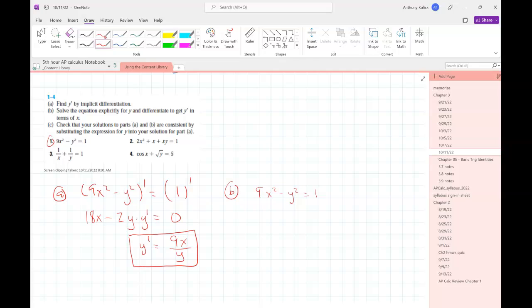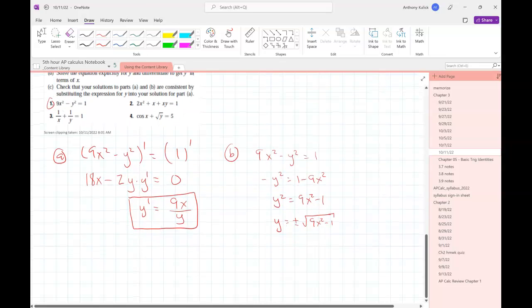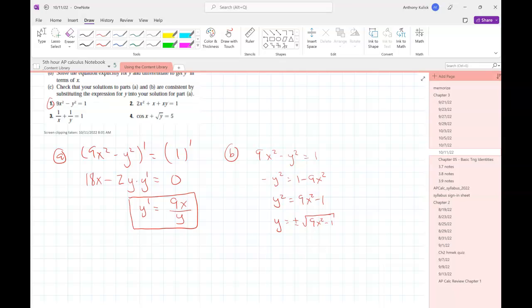So maybe I subtract 9x squared from both sides, and then divide both sides by negative 1, and then we'll square root both sides. So there's me getting the y by itself.